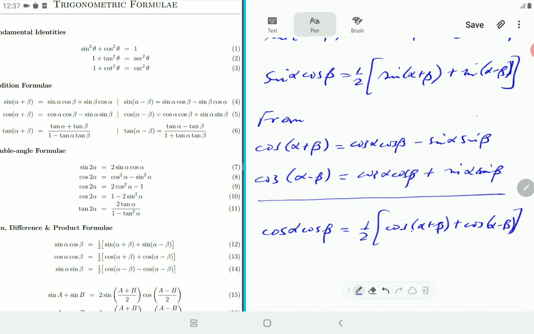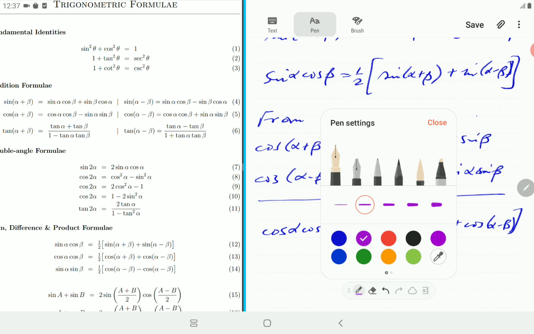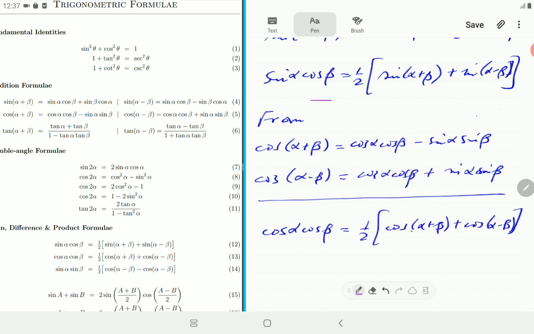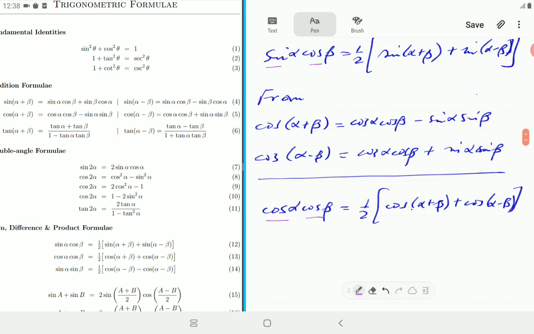So we now have a formula to convert a product of sine times cos, and we've got a formula to convert a product of cos times cos. So the one that is outstanding is a formula to convert sine times sine, and that we can derive from these formulas here, because we can see that we've got sine times sine.